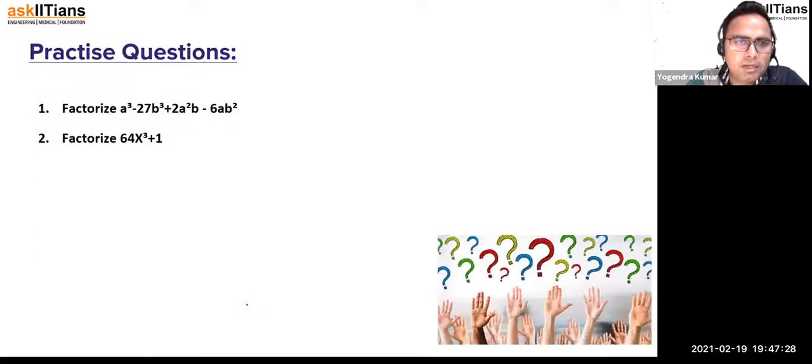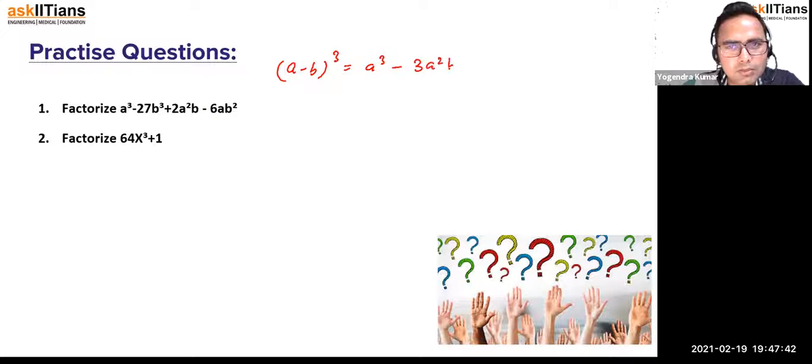Okay. Let me come to this next question. Which looks interesting, right? Let's see this. It is minus here, right? So which identity relates to this? (A minus B) cube is what? A cube minus 3A square B plus 3AB square minus B cube, right? We have something like that. Okay, I know I need to rearrange the terms. Can I write it like that?